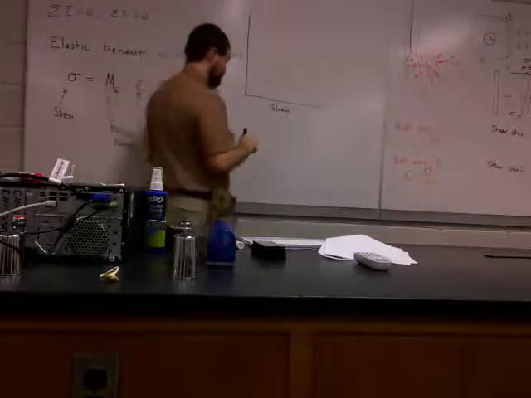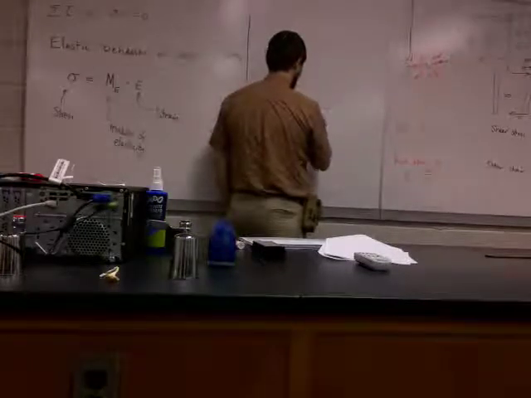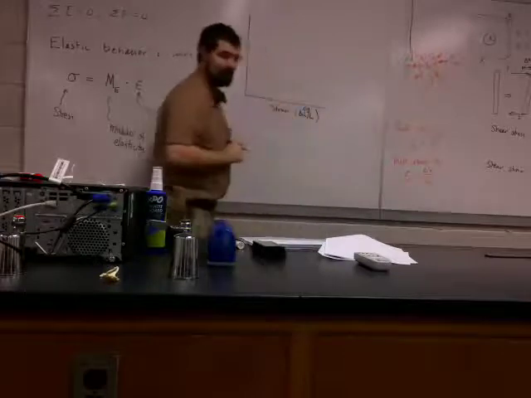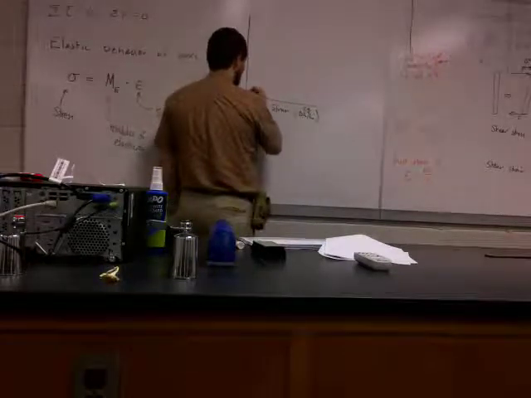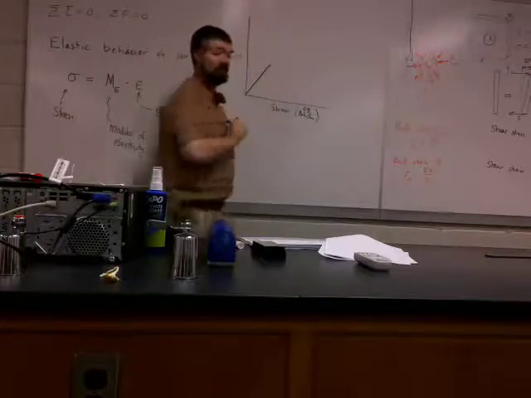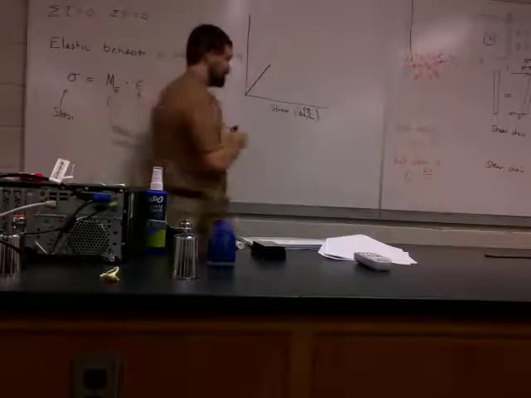Let's say that this is, for example, a delta L over L. What you end up getting is a graph that looks something like this. So for some while, the graph is pretty linear. This is what's called the elastic region, or the linear region.